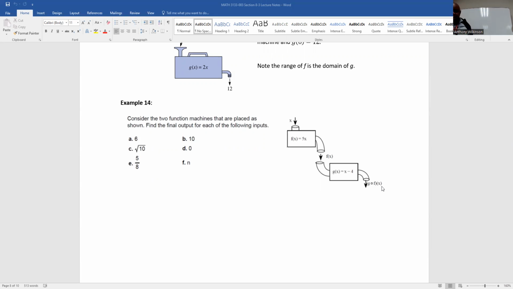All right, so here we're going to start off with part A, which is 6. And I'm going to say here x is equal to 6.